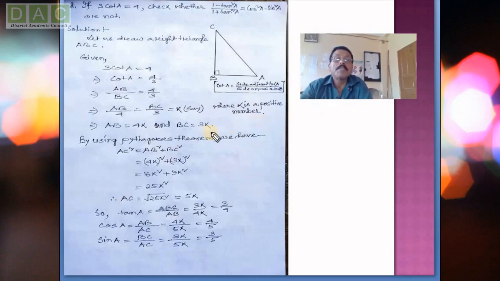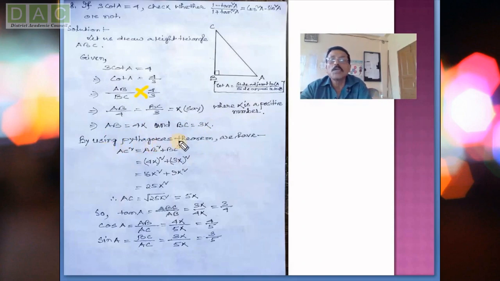So AB by BC equals 4 by 3. Now cross multiply: AB by 4 equals BC by 3, equals K, where K is a positive number. From this you can write AB equals 4K and BC equals 3K.